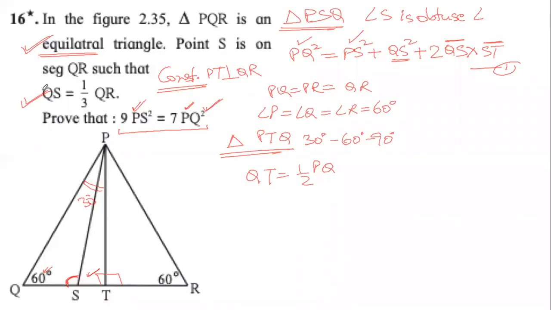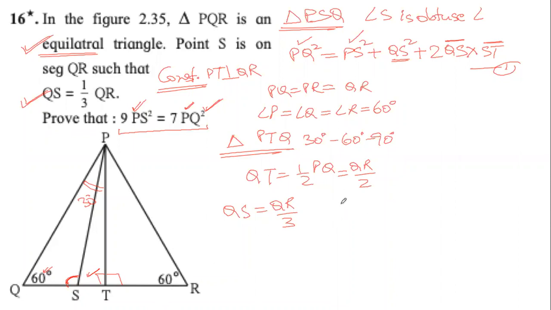It is given that QS is equal to 1 by 3 of QR. QS equals QR by 3. It's already given. Here we can also say QT is QR by 2. So QT is half of QR and QS is 1/3 of QR.